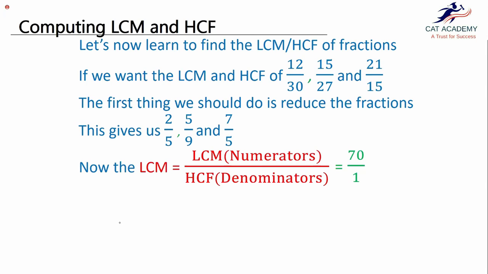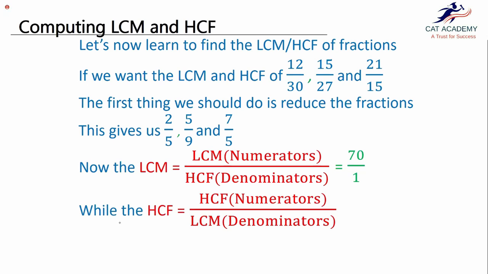Whereas if I want to calculate HCF, then it will be the HCF of the numerators divided by the LCM of the denominators. That is HCF of numerators. What is common in these? Nothing is common, so 1. And what is the LCM of 5, 9, and 5? 45.